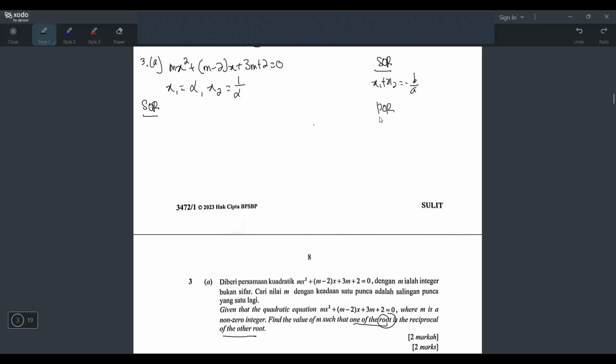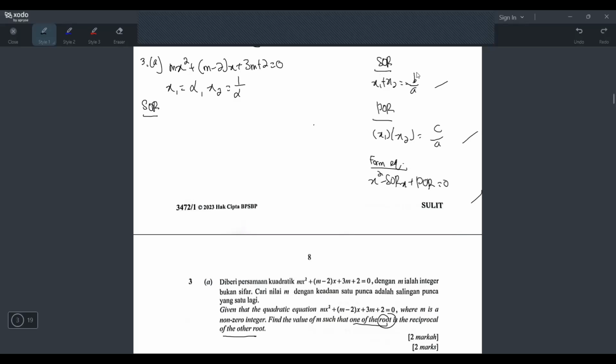And then your POR formula is x1 times x2 equals c over a. And then there is one more formula, which is x squared minus SOR x plus POR equals 0. But you will only use this formula when they ask you to form a new equation. So in total, there are 3 formulas to memorize, right? So 1, 2, 3.